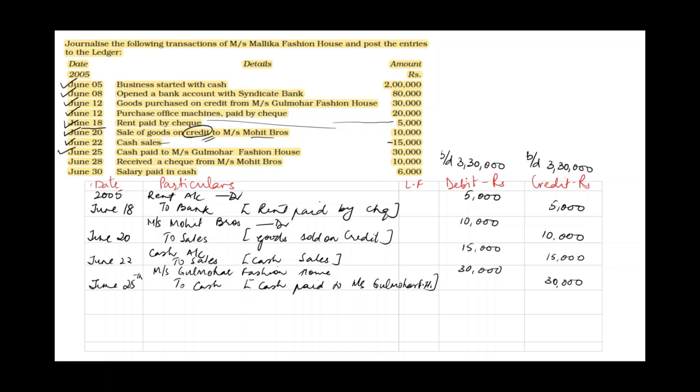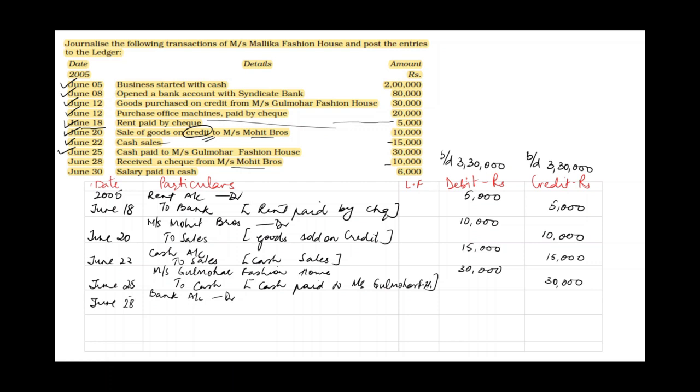Now last two. 28th. Received a check from Messrs. Mohit Brothers. You have received check. So money is coming in. So I'll say June 28th. Okay, this 28th shouldn't be here. This is okay. So June 28th. It says received a check from Messrs. Mohit Brothers. So money is coming in, 10,000 rupees. So check. So I'll say bank account debit. Bank account debit.